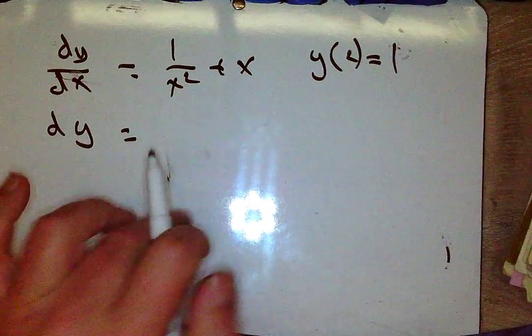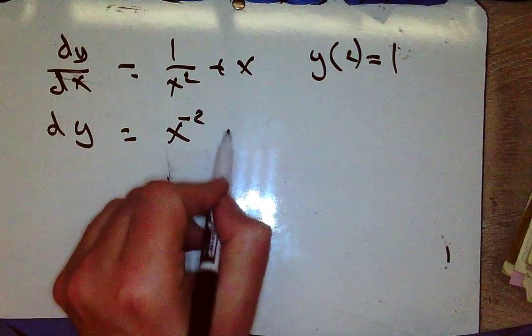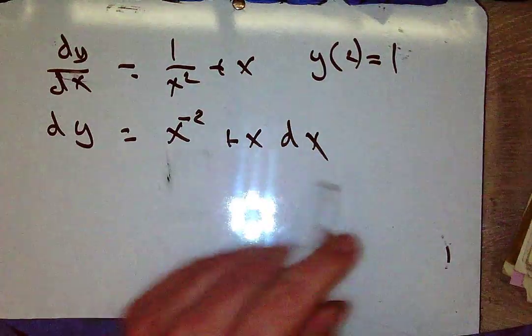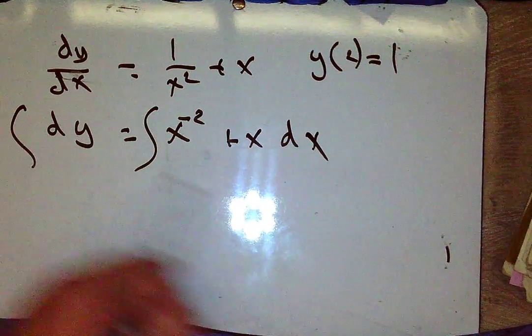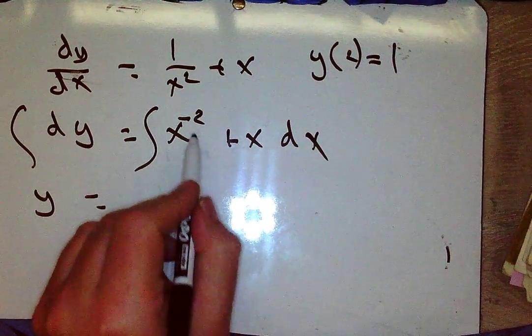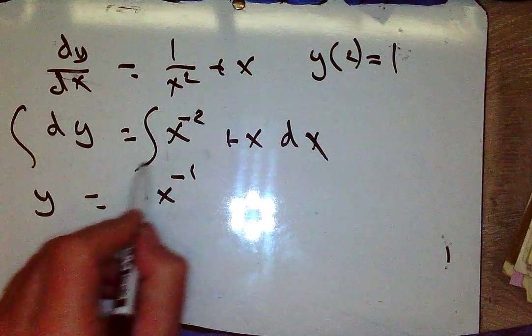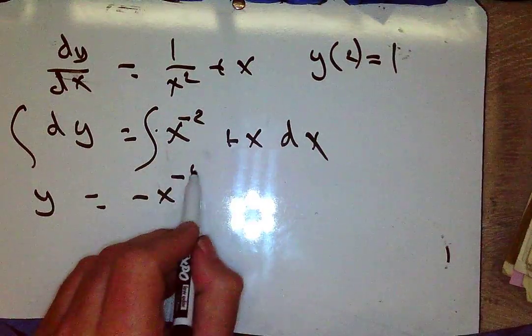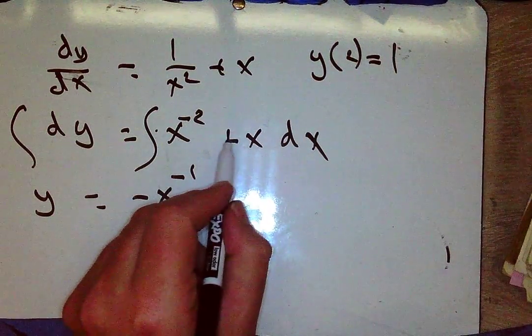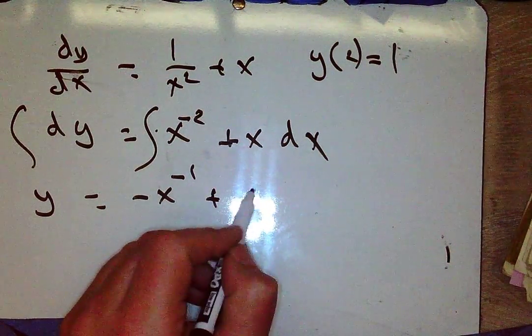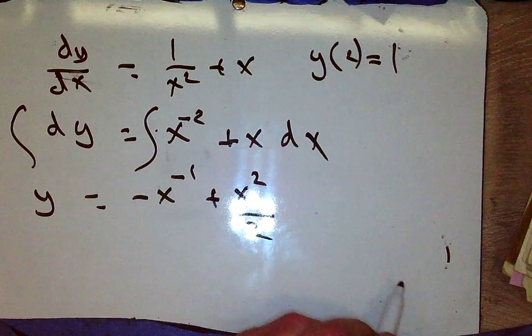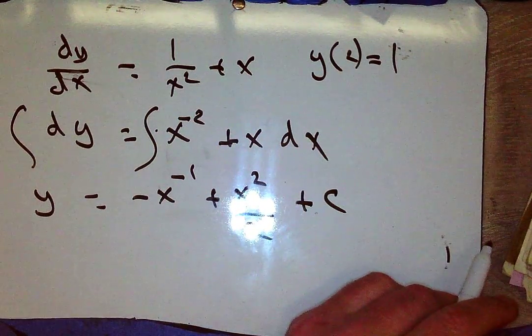I'm just going to write that as x to the minus 2. And now when I integrate both sides, here I'll have y, and here I'll have negative x to the minus 1, right? Bring that down, minus times minus is positive, subtract 1, good job. And this is plus x squared over 2. And don't forget the plus c.